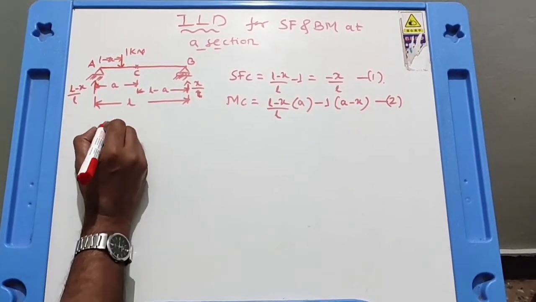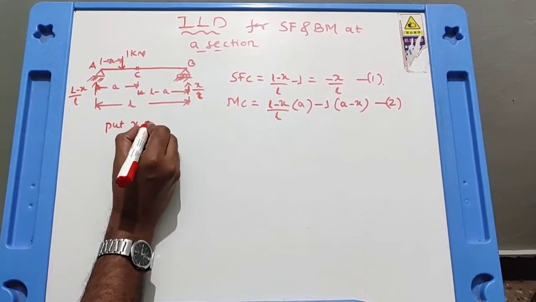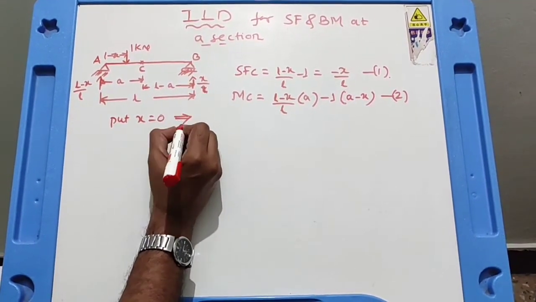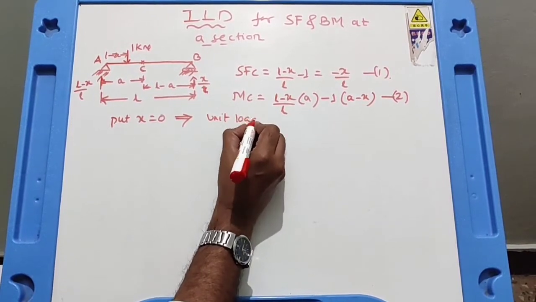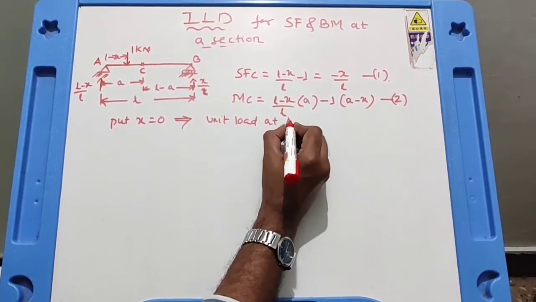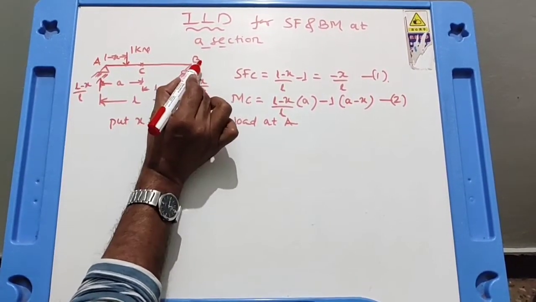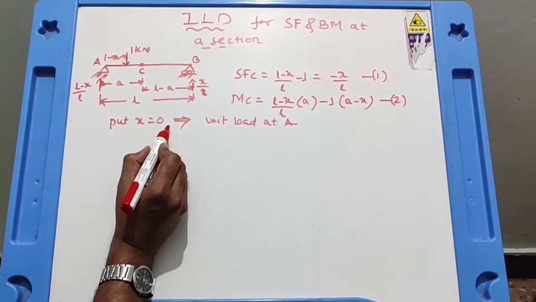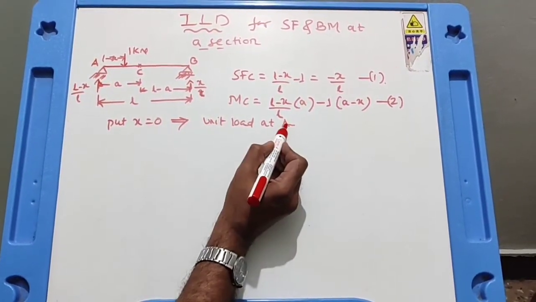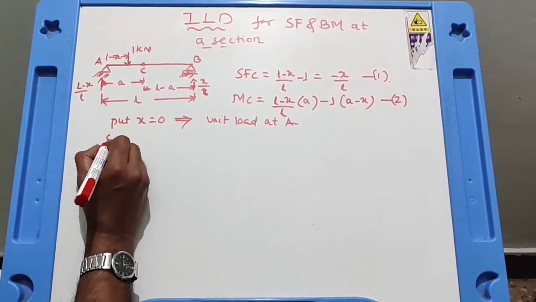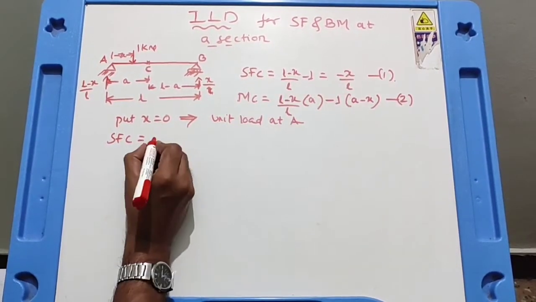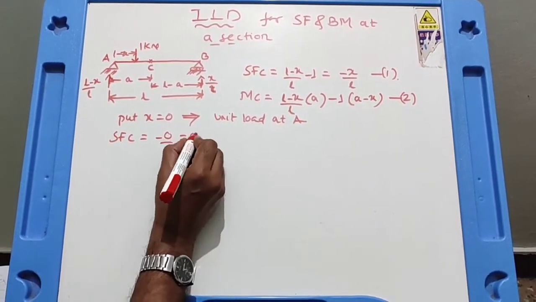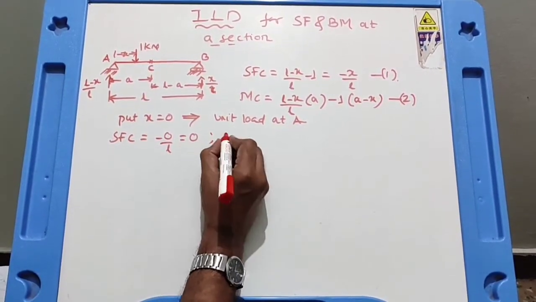Now let us substitute the values of x. Put x equal to 0. What does it mean? Putting x equal to 0 means the unit load is at A. That means the unit load we have made to move from A to B, so put x equal to 0, unit load at A. When you put x equal to 0, what is the shear force at C? Minus 0 upon L, or simply 0. And then what is the bending moment at C?